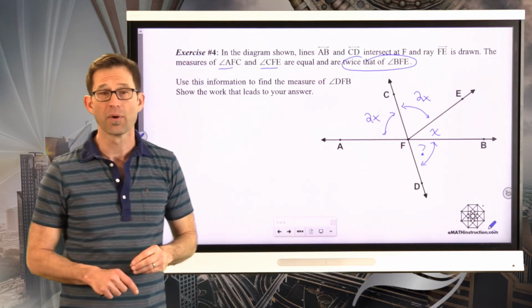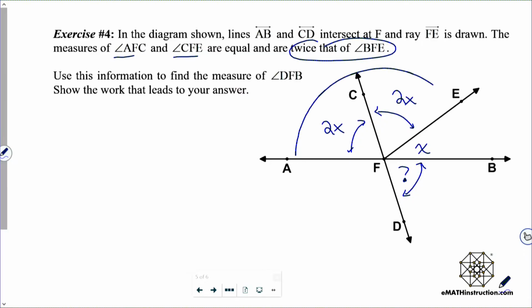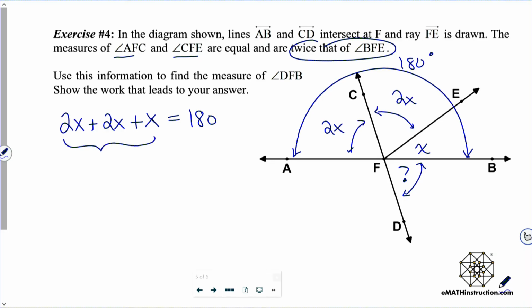Now, how can I set up an equation to solve for x? Well, I know that all three of these angles must add up to 180. So I can say 2x plus 2x plus x is equal to 180. I can now combine like terms on the left-hand side.